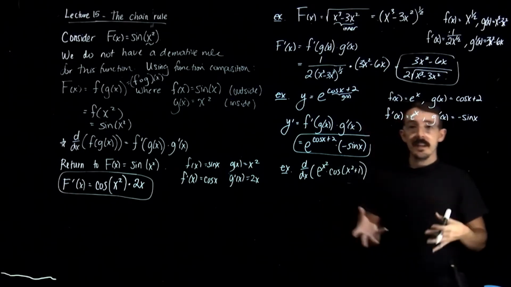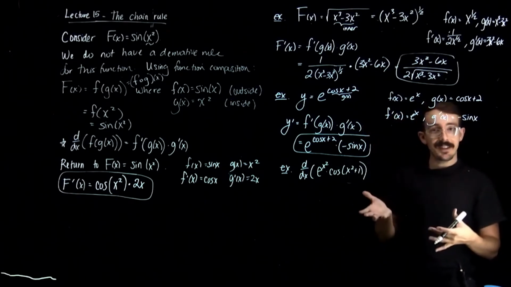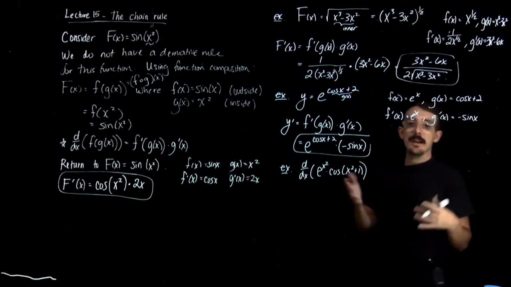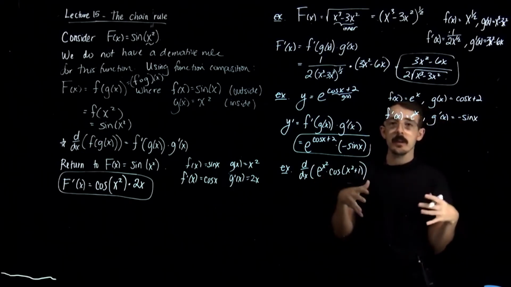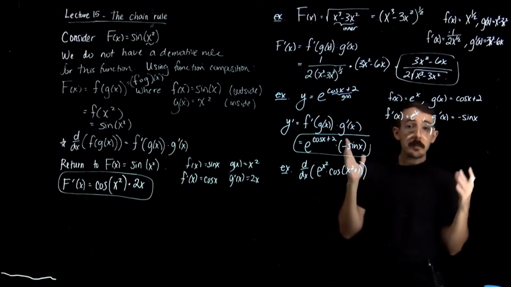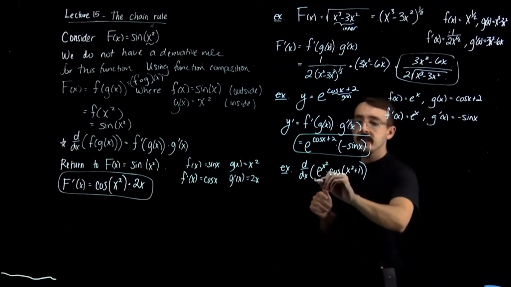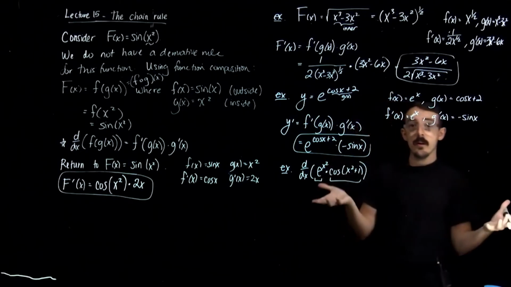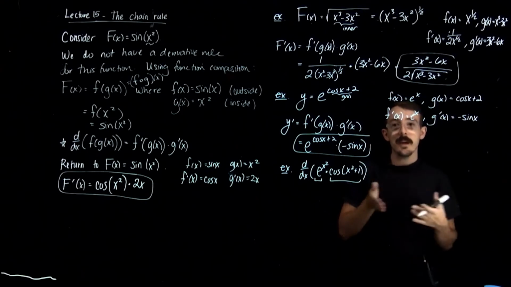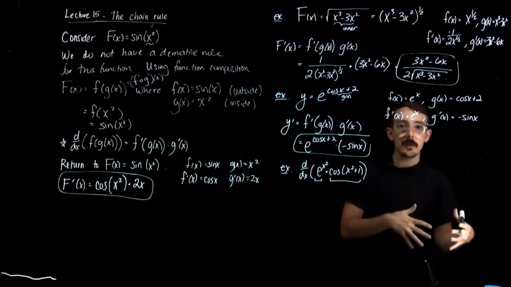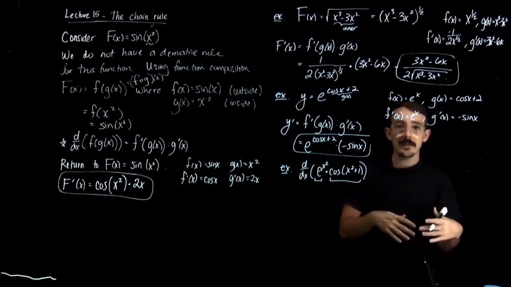So in this case, we have a lot to deal with. And we need to really step back and think about what the overall rule is that we're going to be trying to accomplish. So what I see is I have this function times this function. So overall, this is a product rule. And then as we're doing the product rule, you might need to bring up other rules and take care of those along the way.